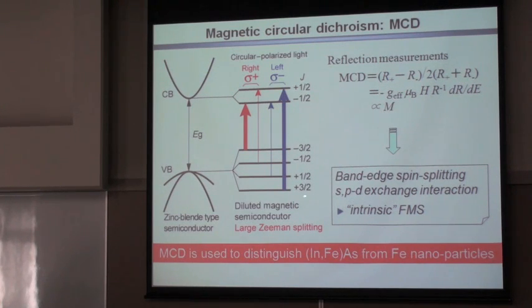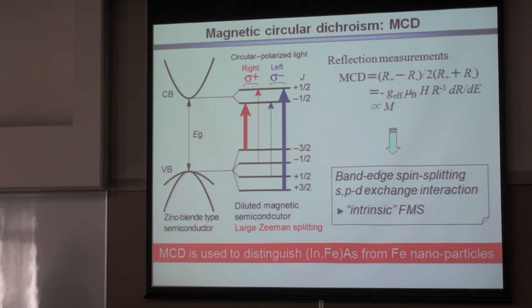So basically, we can detect the band edge spin splitting due to exchange interaction. So by measuring the MCD spectra, we can distinguish whether this is an intrinsic ferromagnetic semiconductor, indium iron arsenide with a zinc blende band structure, or the magnetic signal comes from iron-related nanoparticles.